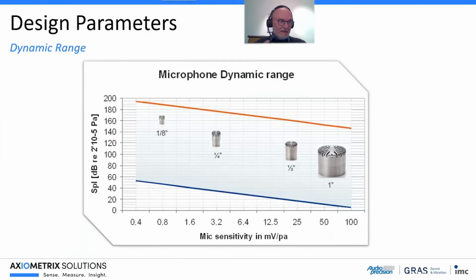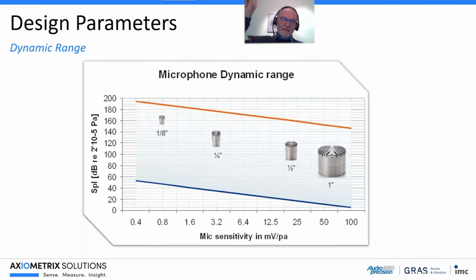Like when we were talking about the size or the area of the microphone, we learned that a 1-inch microphone has a very high sensitivity. With a very high sensitivity, we will be able to measure lower sound pressure levels.